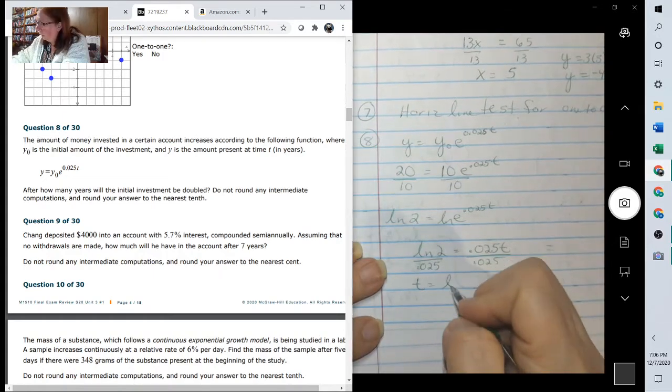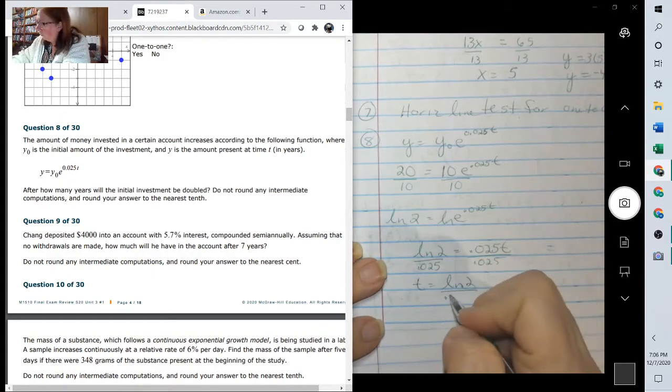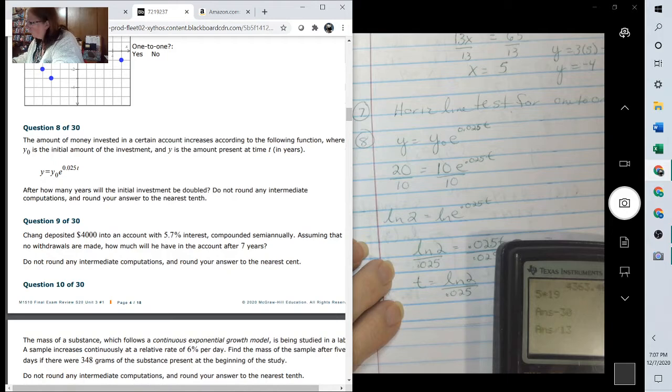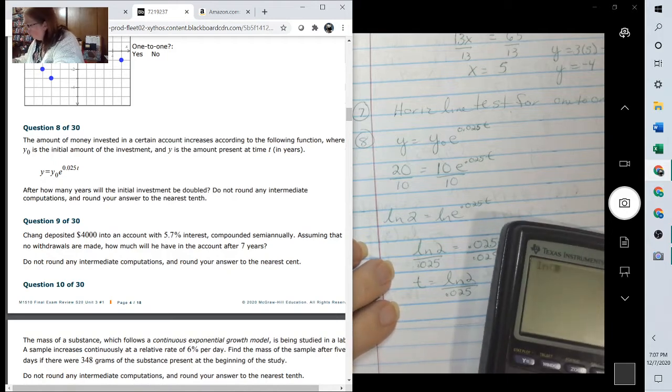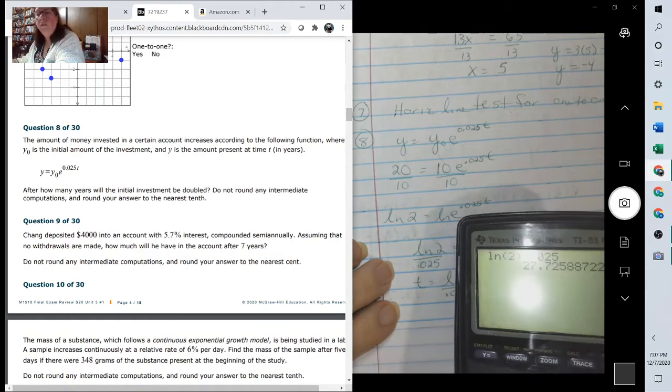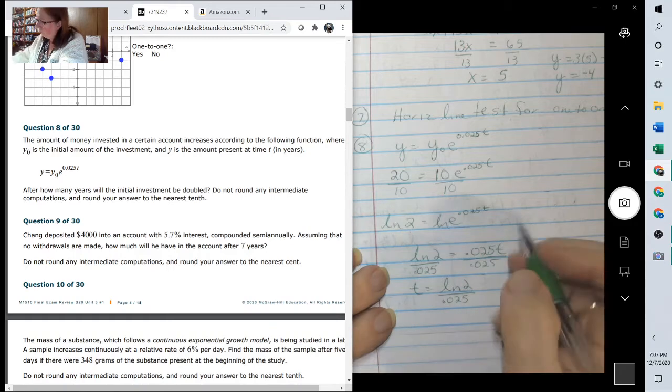If you need the actual value, it would be this. This one says, do not round until the end and round to the 10th. Natural log of 2 divided by 0.025 is 27.7.